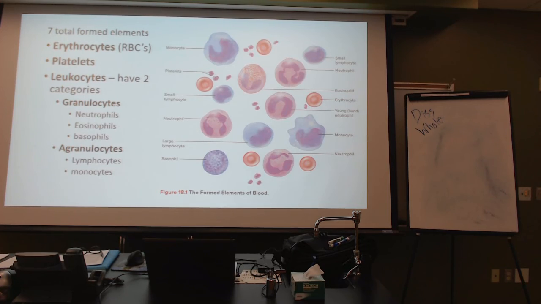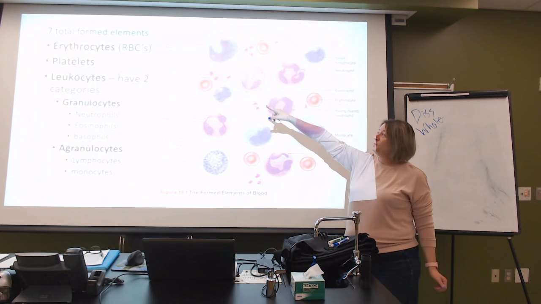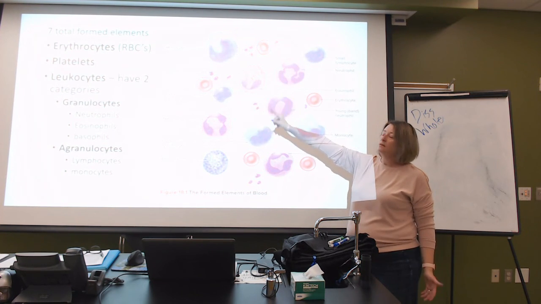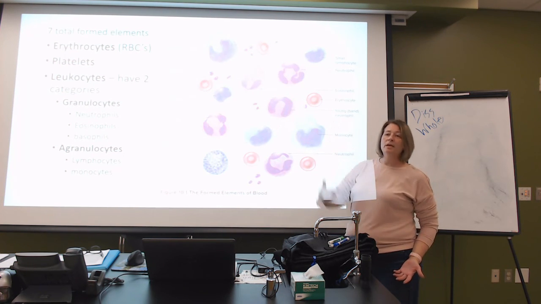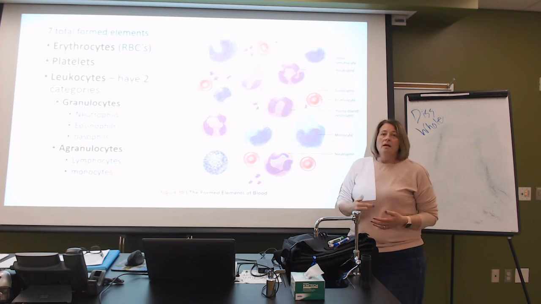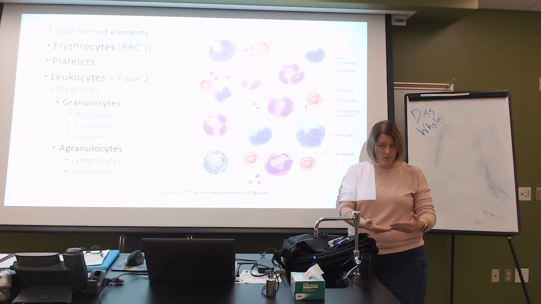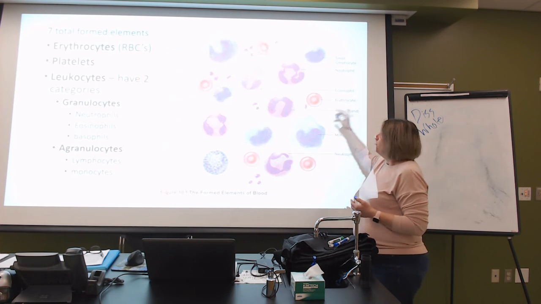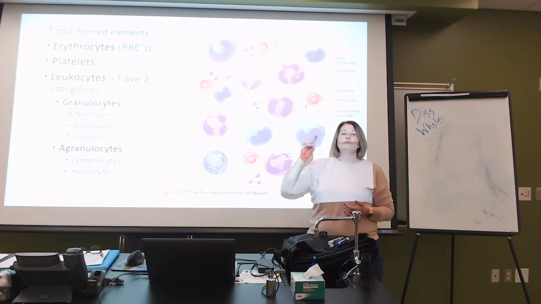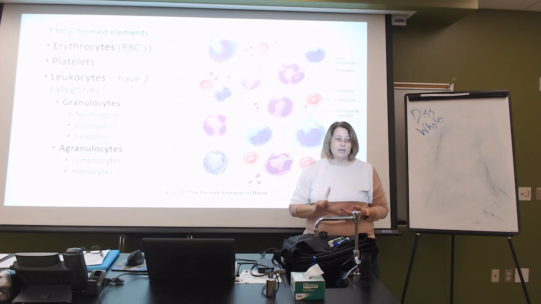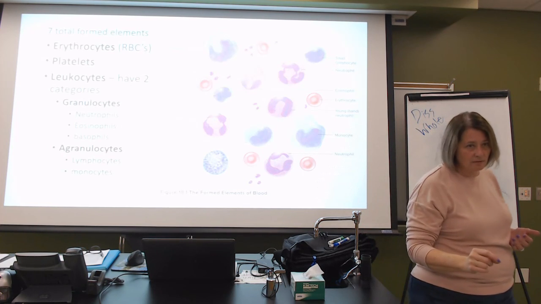Okay? Because if we look at this picture, the red blood cells, we'll call them RBCs, but their names are erythrocytes. This is because of the reference to how they're going to be formed. Okay? Platelets. Platelets are just simply tiny pieces. Platelets are not a complete cell. They are simply fragments.